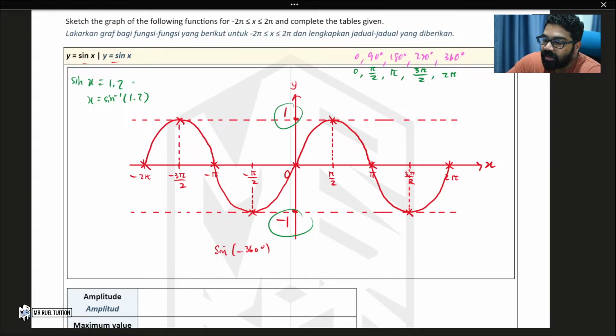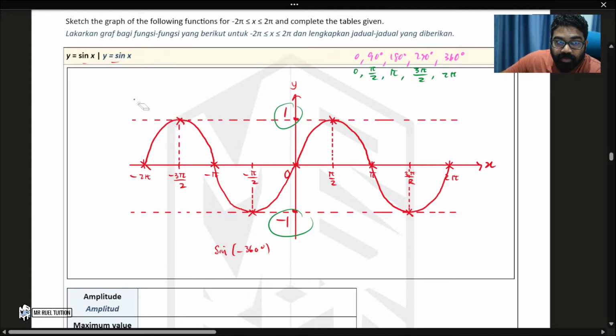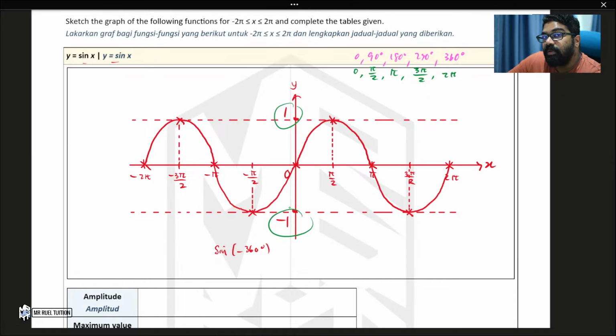You get a math error, because the maximum value for sine x is 1. There is no value beyond that. The minimum value for sin x is negative 1. It cannot be lower than negative 1. Try inverse sine of negative 1.001: math error. There's no such thing.